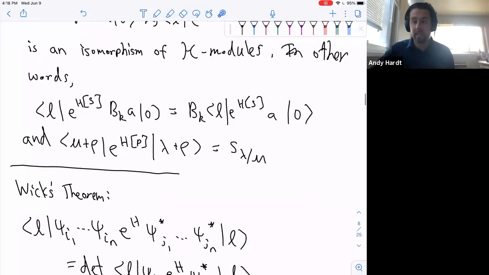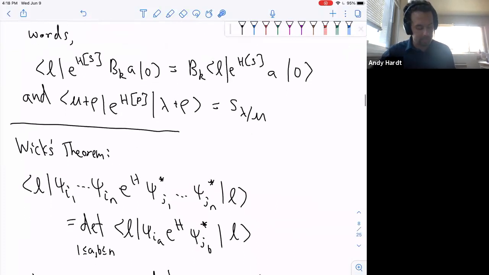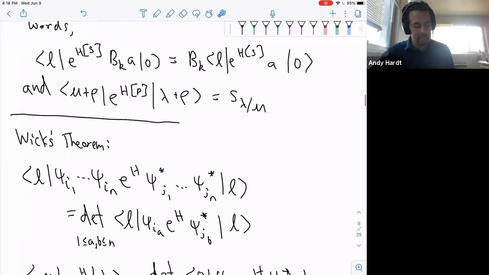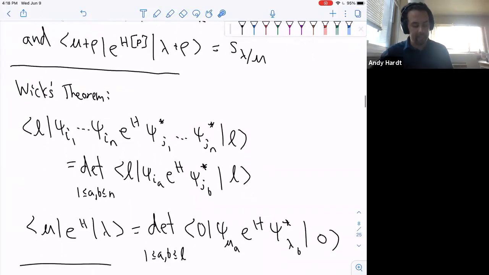Another fact I want to mention that I said in the intro is Wick's theorem. There are more general versions than this, but it essentially tells us how to calculate something where you have a bunch of creation operators and a bunch of deletion operators, and there are n of each of them, and otherwise we're going to get 0 here.